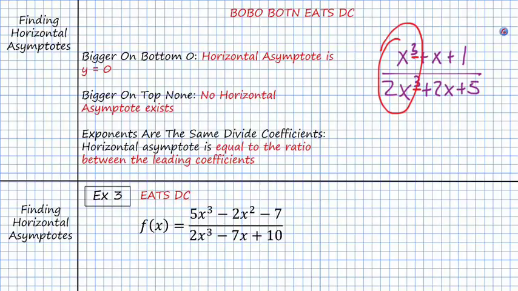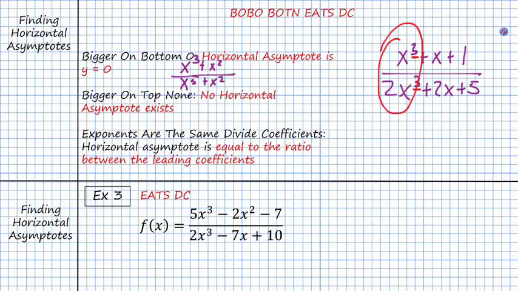If they're not matching, then that will determine whether or not there's a horizontal asymptote. So our first condition is going to be bigger on bottom, 0. So if I have a condition like this where I have x cubed over x to the fifth, and then I've got all this, maybe x squared plus x squared.